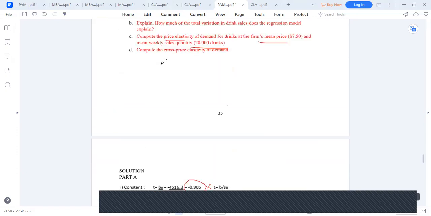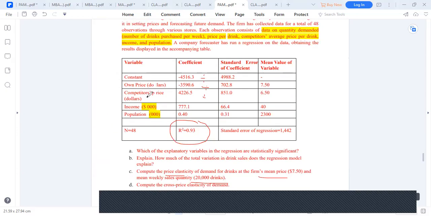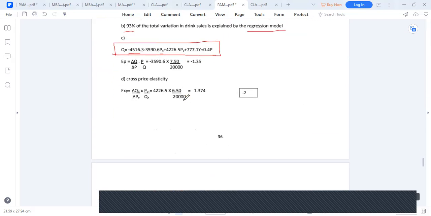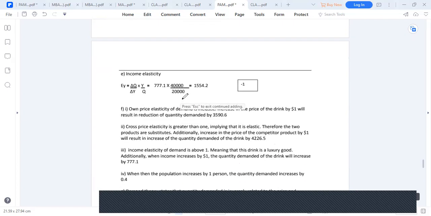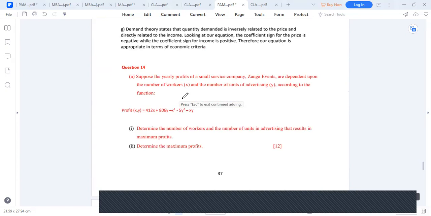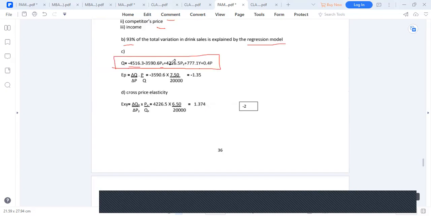Then we look at the other variable that we have, the competitor's price. It's a positive 4226.5. We can call this Py if you want, the competitor's price. So we put it here. Then the income, we have that.